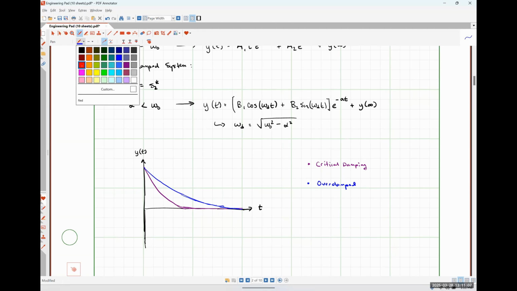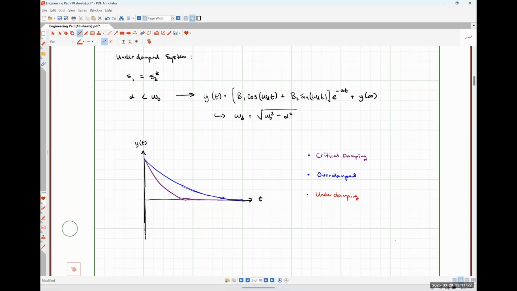And then for critical damping, sorry, underdamping, thank you. Should have brought notes instead of just freestyling it, but it's too late now.